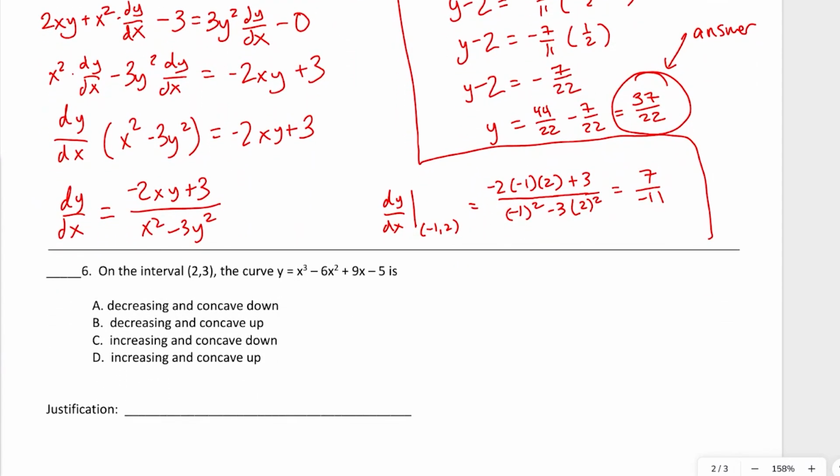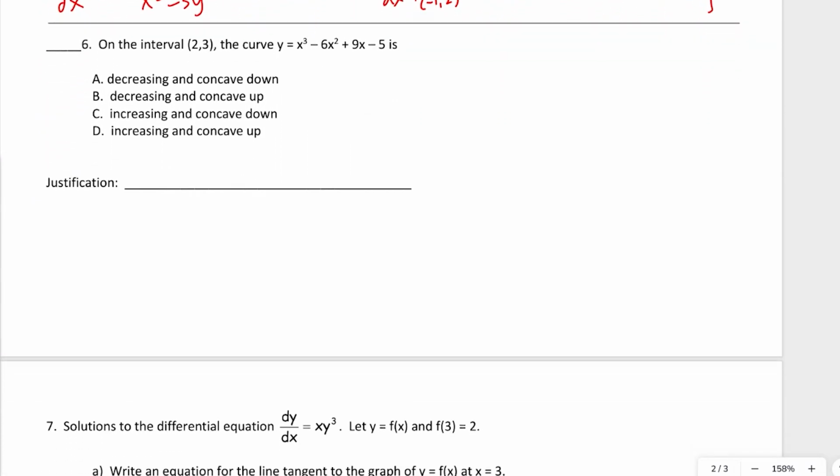Okay, number 6. It says on the interval (2, 3), what's going on with this curve? Is it decreasing concave down, decreasing concave up? So this is a little review from the last unit where we used the first and second derivative to determine intervals of increasing, decreasing, and concavity. So let's find the first derivative, just using explicit differentiation here.